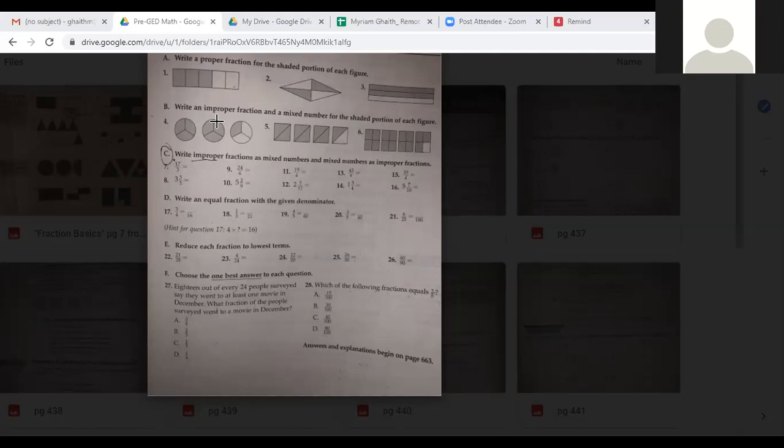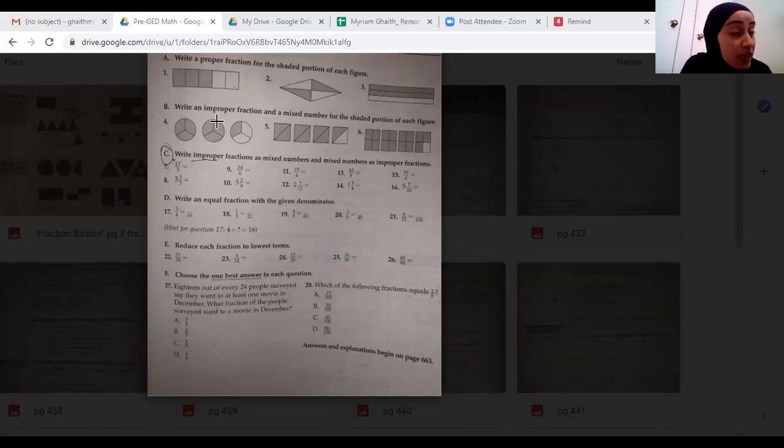So if we look at number 4 again, we were saying that sometimes the numerator is greater than the denominator. Do you guys know what that's called? How can I know when I do the numerator on the top and switch? Right, so it's the shaded part. Whatever is shaded will be your numerator, and sometimes that number is greater than the denominator.